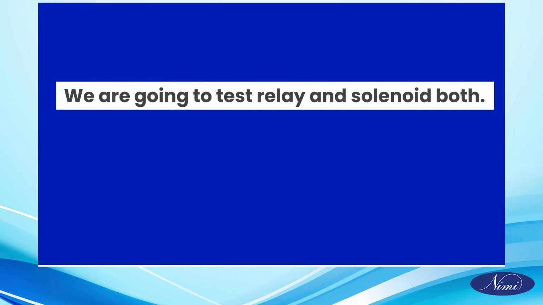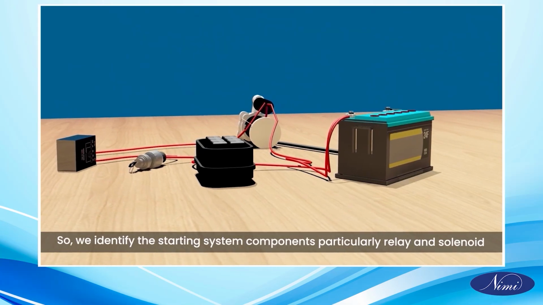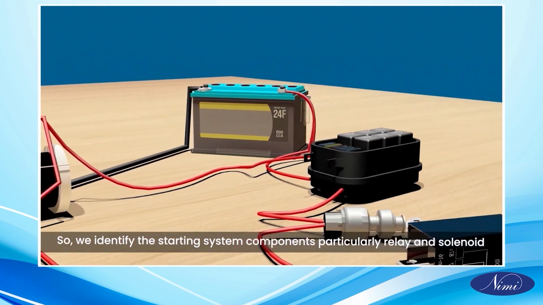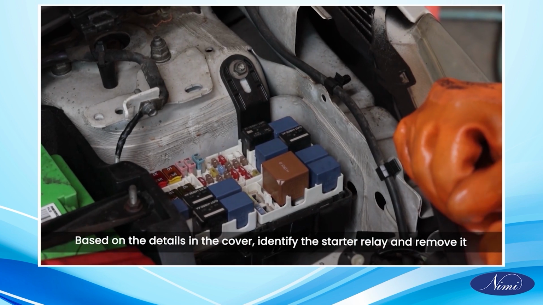We are going to test relay and solenoid both. Car starting system has both relay and solenoid. So, we identify the starting system components, particularly relay and solenoid. Based on the details in the cover, identify the starter relay and remove it.